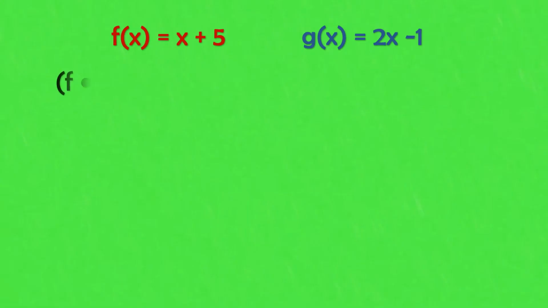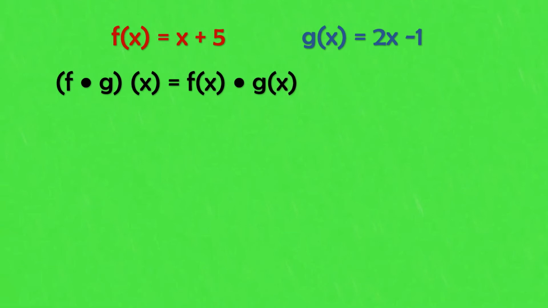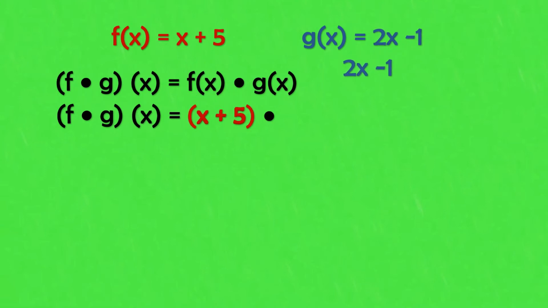F times g of x equals f of x times g of x. We substitute the given functions, so we have f times g of x equals quantity x plus 5 times quantity 2x minus 1.